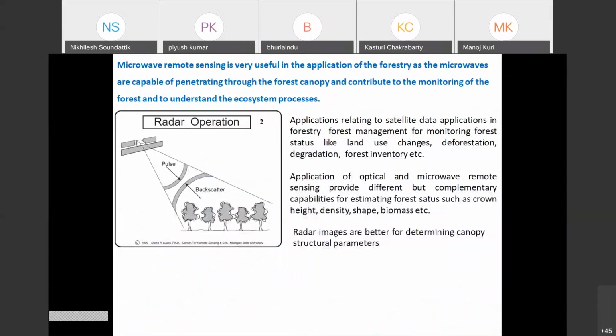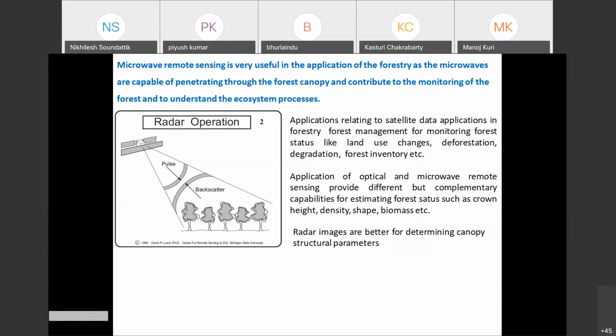That is how microwave becomes very important in forestry study due to the complex structure of the forest. When we see the forest, we have the higher canopy, and further down we have lower canopies. These stratifications give less information in the optical domain compared to the microwave.